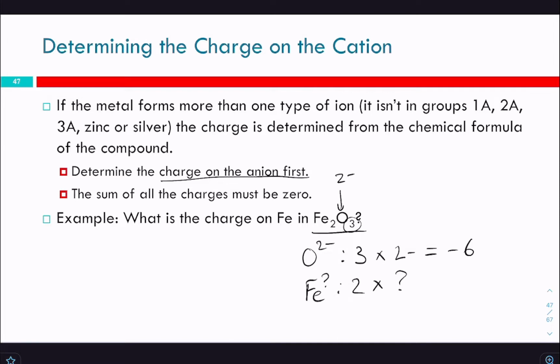This is what we don't know, but it has to cancel out that -6. So it has to be a +6. Then 6 divided by the 2, divide both sides by 2, means that our charge on iron is equal to 3+. That's why the charges adding up to 0 is critical.